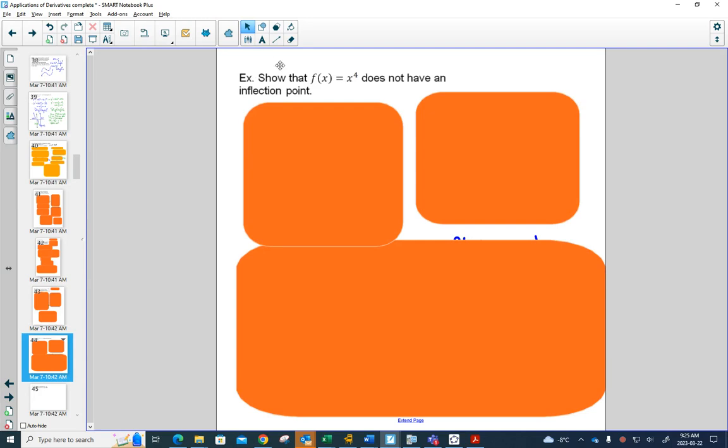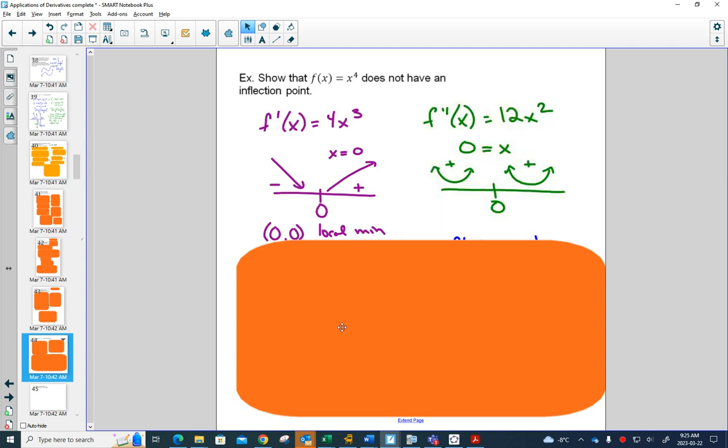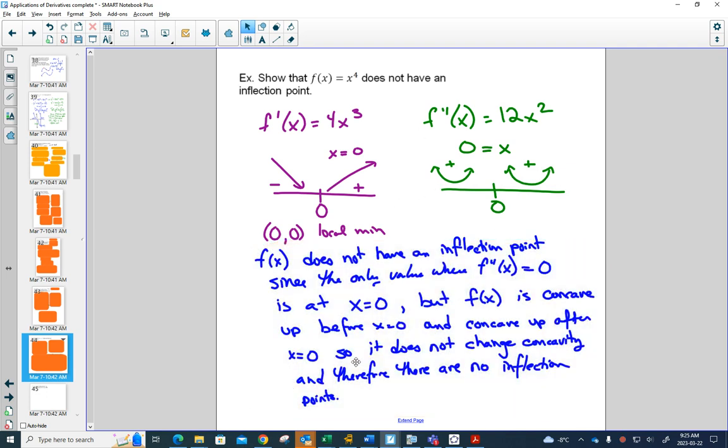And I'll put up the answer for the last one. It says, show that it doesn't have an inflection point. So imagine that in green. Imagine that in purple. And a little explanation. If you found your first derivative, you'd find out that 0, 0 is a local minimum.